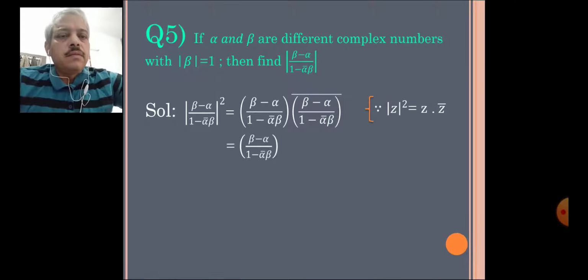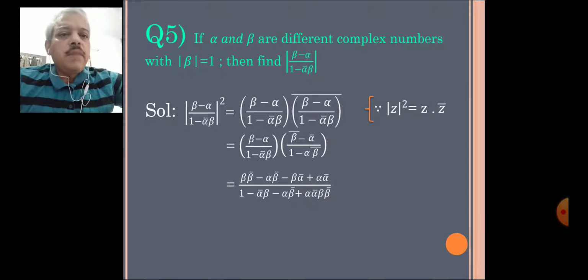Now simplifying z̄, we will write it as (β̄ − ᾱ)/(1 − αβ̄), since the conjugate of 1 is 1 and the conjugate of ᾱβ is αβ̄. Now multiplying, we get the expression (ββ̄ − αβ̄ − βᾱ + αᾱ)/(1 − ᾱβ − αβ̄ + ααβ̄β).